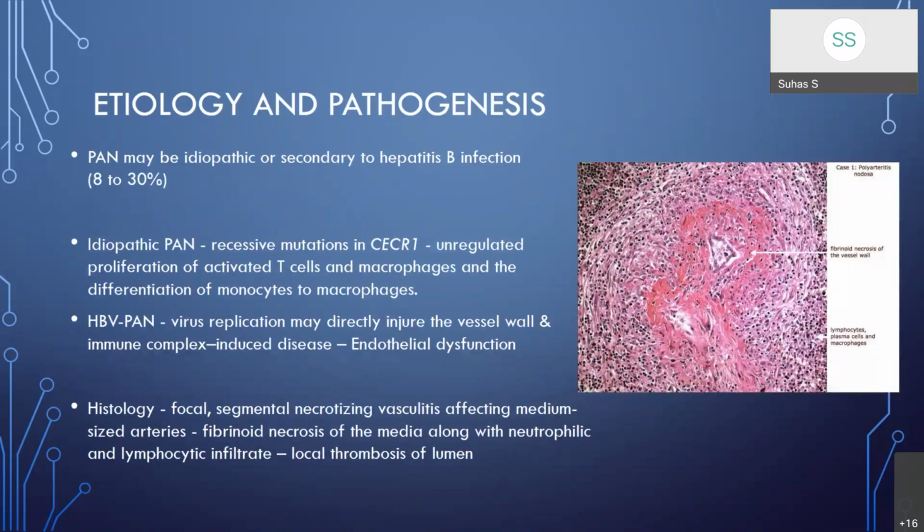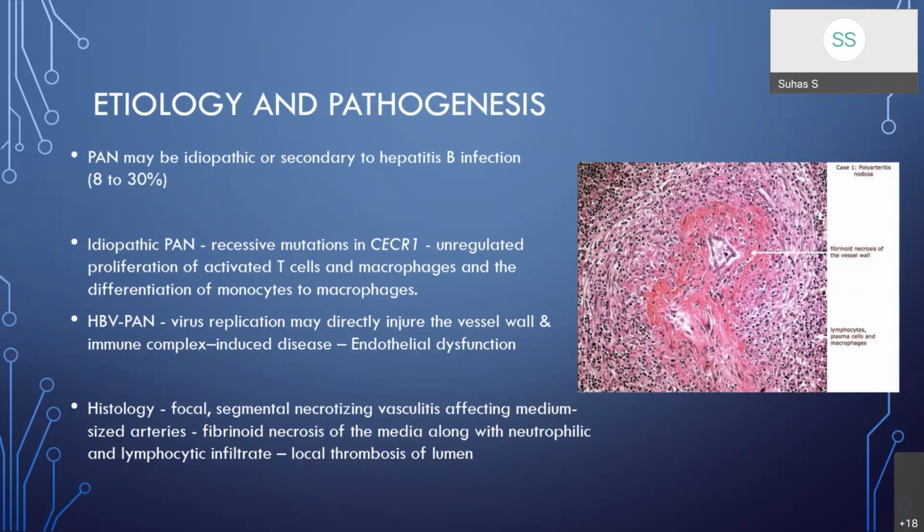Coming to the etiology, it may be idiopathic, where we cannot identify an etiological agent, or it can be secondary to hepatitis B infection. So PAN may be secondary to hepatitis B infection in 8 to 30% of the patients. Idiopathic PAN is associated with recessive mutation in the CECR1 gene. This leads to unregulated proliferation of activated T cells and also unregulated differentiation of monocytes into macrophages.